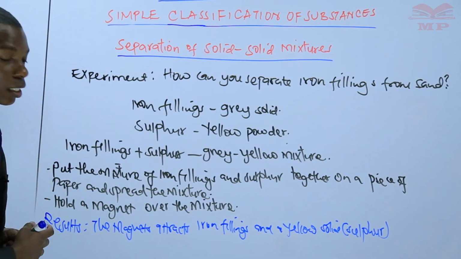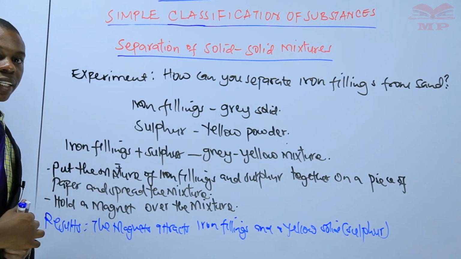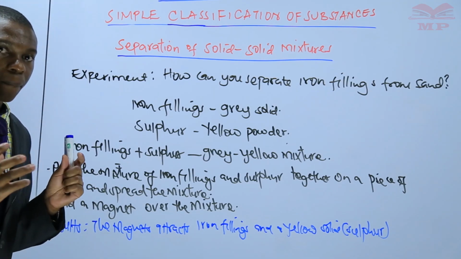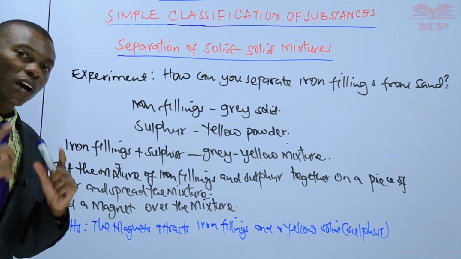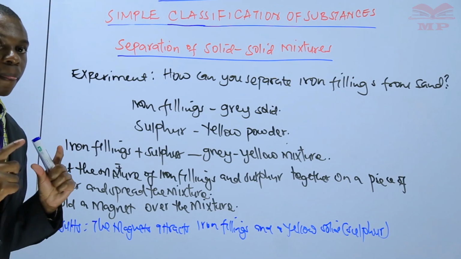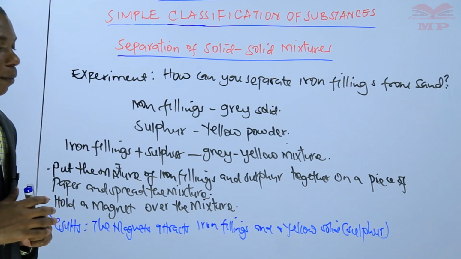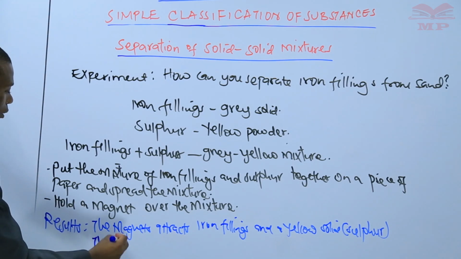This is because iron filings are magnetic and sulfur is non-magnetic.